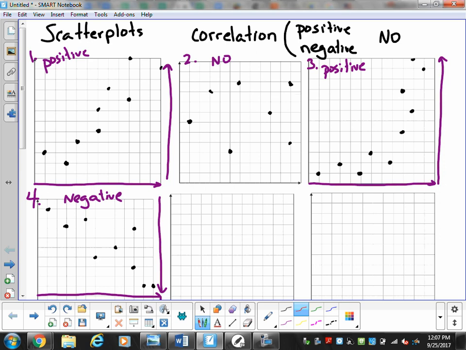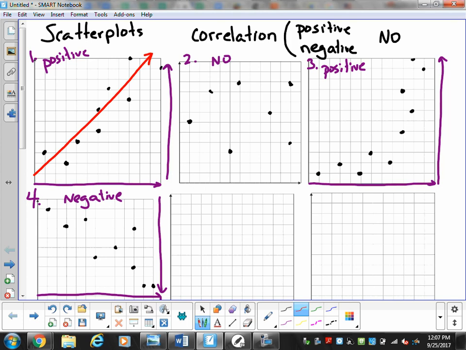Okay. Another piece of this, though, is the difference between number 1 and number 3. If you look at those closely, there's a little bit of a difference. On number 1, you kind of have this correlation where the data almost goes in a straight line.